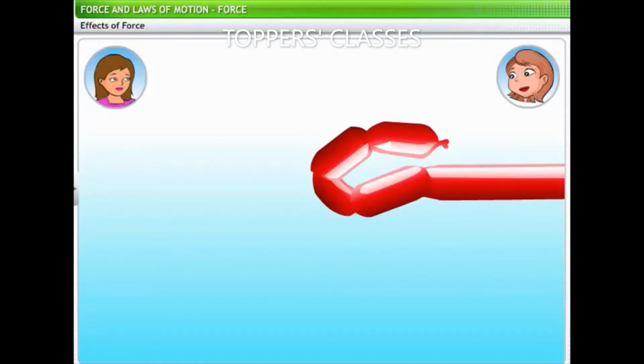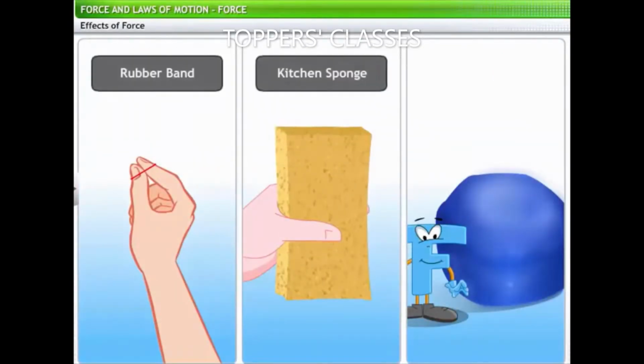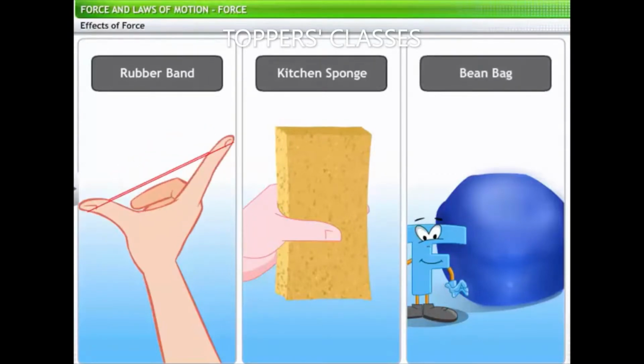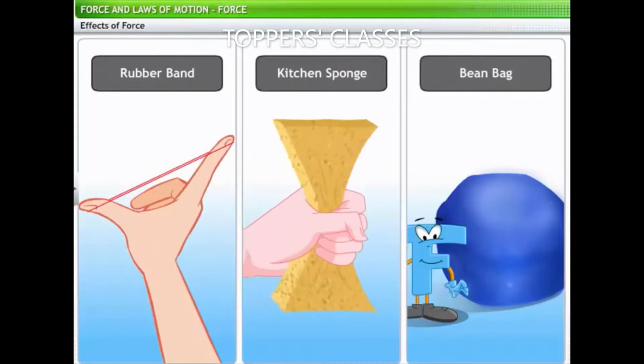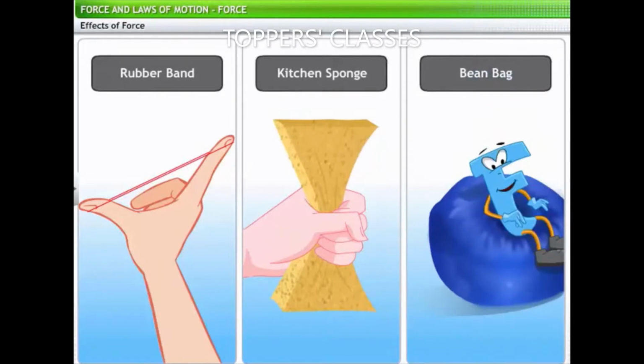This makes the balloon expand in other areas. You can also observe this effect in a rubber band, a kitchen sponge, or a beanbag chair. A rubber band expands on pulling, while a sponge contracts on squeezing. Beanbags are popular because they take different shapes depending on the position of the person sitting on them.